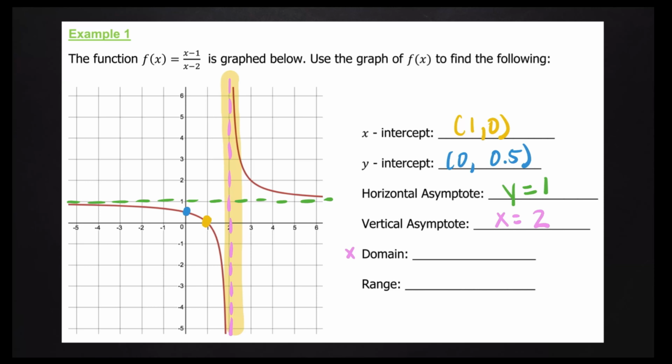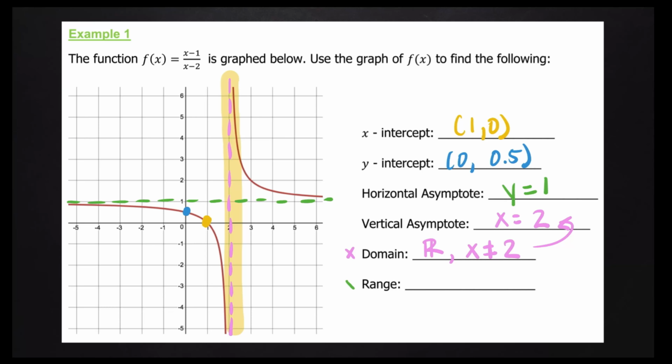So your domain would be all real numbers, and then we just want to be specific about the one value that x cannot equal. So x cannot equal 2. And that is based off of your vertical asymptote.